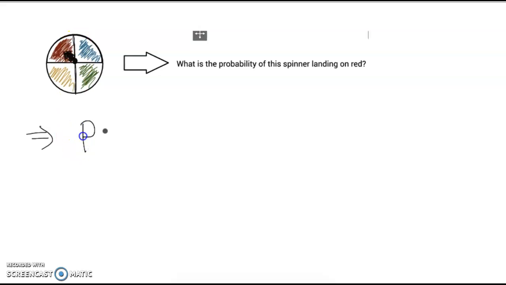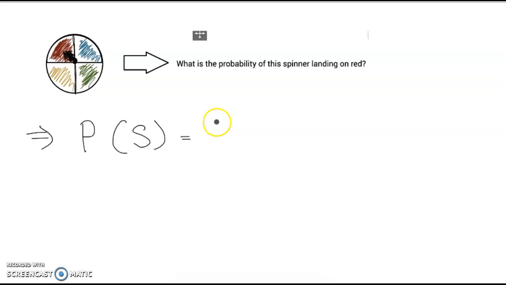Now, P of the event, I'm going to name the event S, which stands for spinner, or spinning, rotating, or you can put any letter you want inside there, is equal to the number of favorable outcomes divided by the number of outcomes.